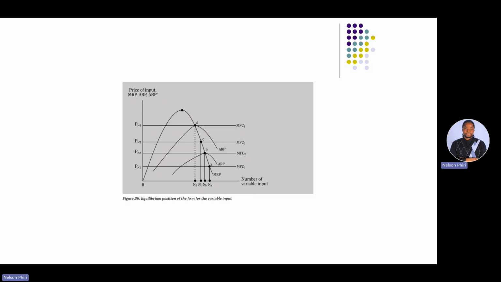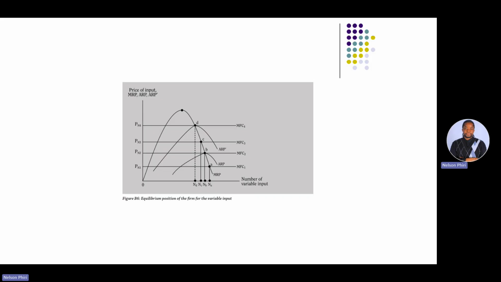So you can see at that point, there are losses incurred. But it is not the shutdown level yet, because the firm is still enjoying some coverage towards its fixed overheads. It is covering its variable costs, but only a portion of its fixed costs. As a result, that firm will continue producing at that point.